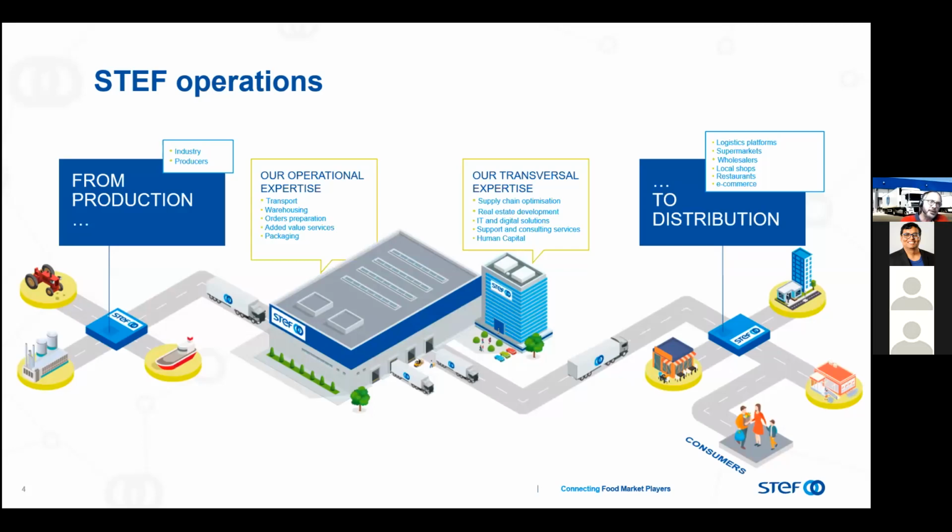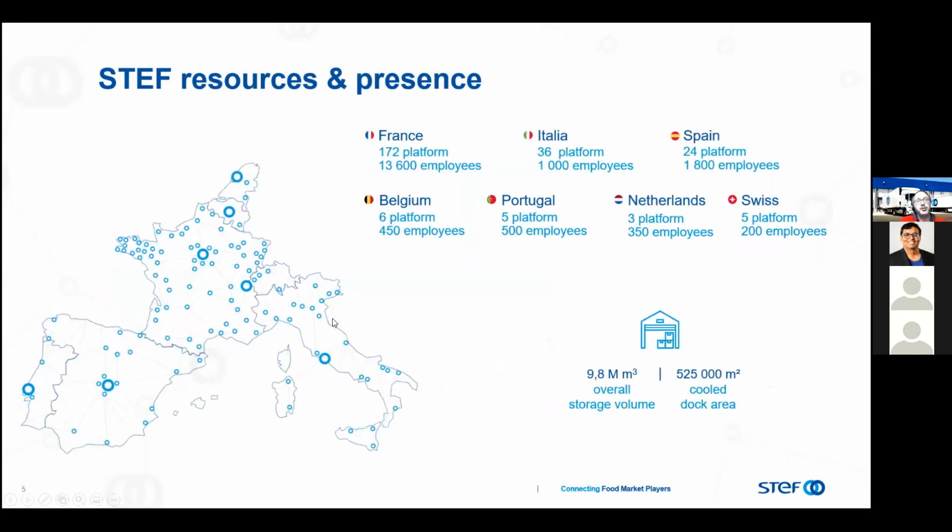To help understand what Steph business is, we used to say that in a Western European country, everything you have in your fridge or freezer goes through Steph operation. Steph operates in 7 European countries: France, Italy, Spain, Portugal, Belgium, Netherlands, and Switzerland.